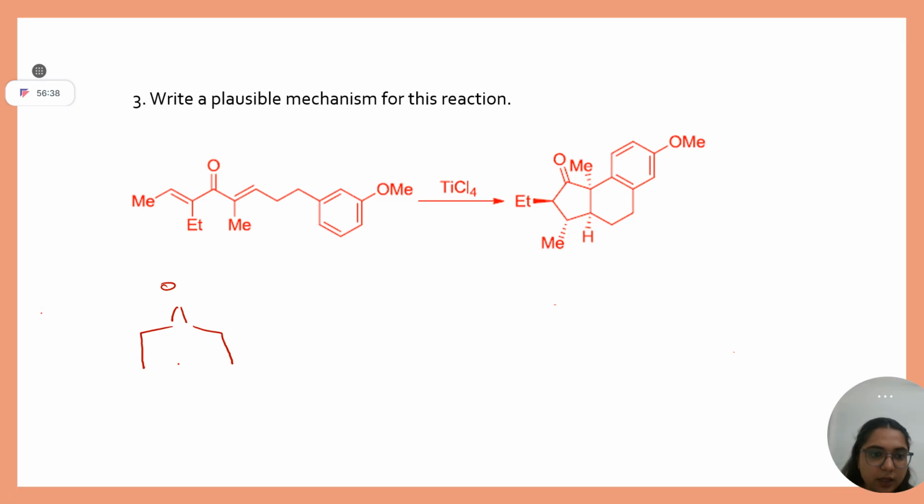I was saying you have to draw it like this: double bond, and next to the carbonyl carbon is attached your ethyl, and this is your methyl, right? They are on the same side. You have to draw exactly as given.